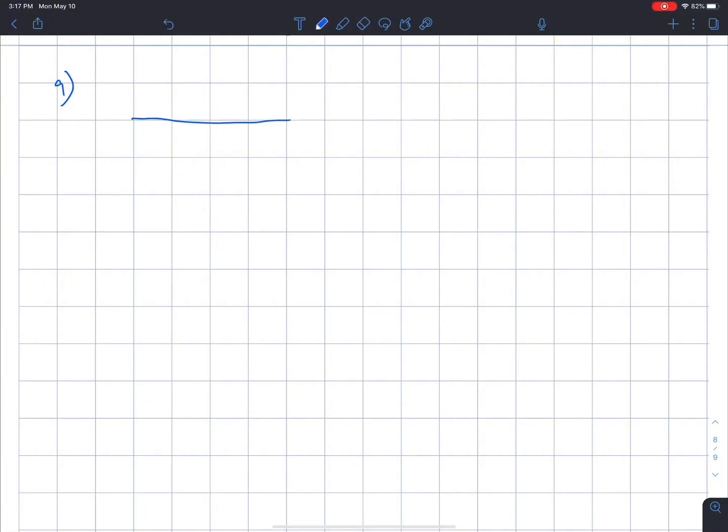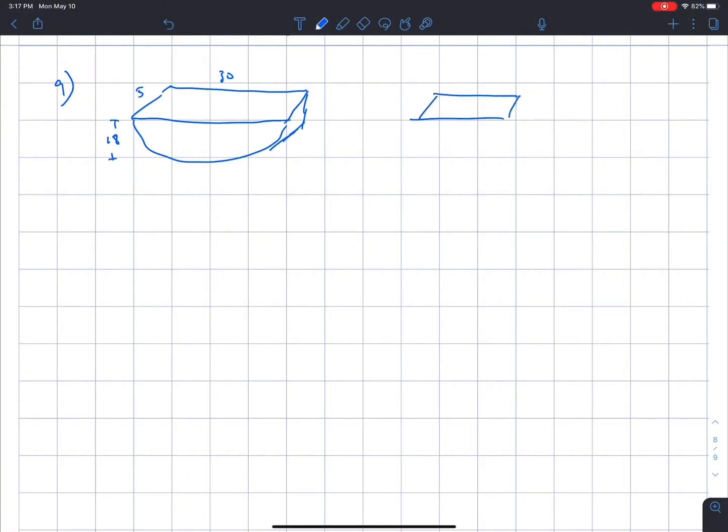I'll try my best to draw this. The scale model that is made is 40 centimeters long. So this is 40. This would just be in centimeters. It doesn't really matter. I don't need to convert both of them.